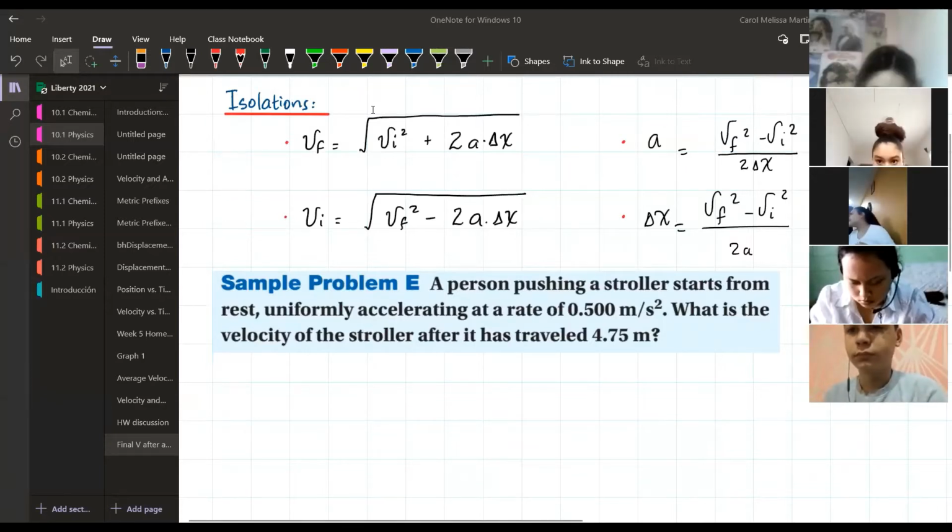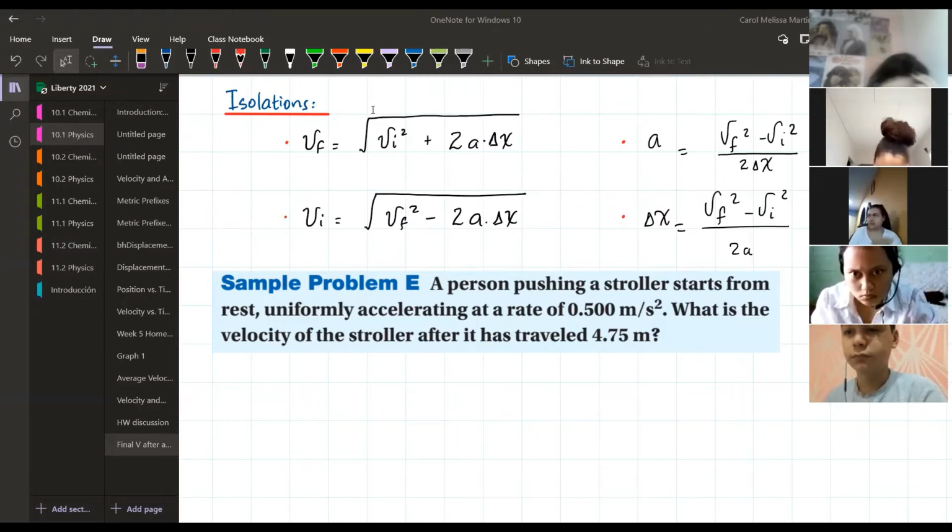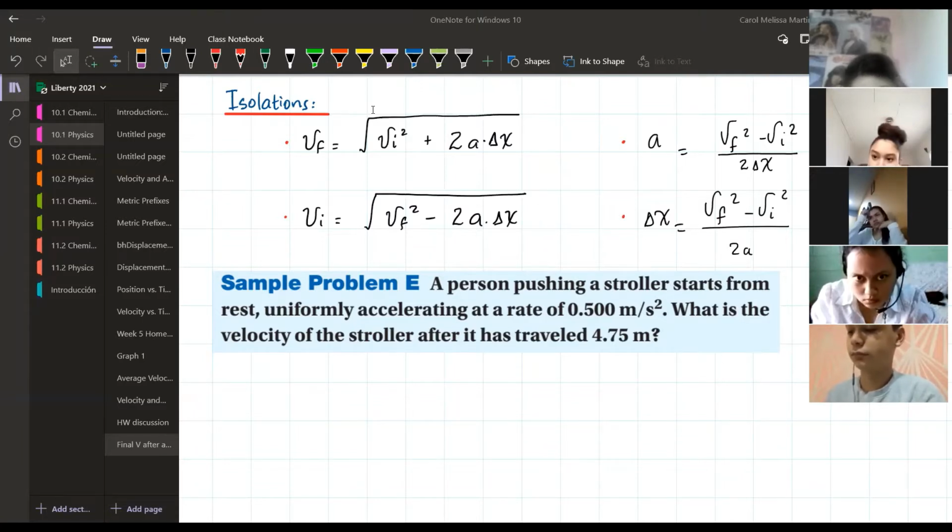Okay. So it says, a person pushing a stroller starts from rest, uniformly accelerating at a rate of 0.500 meters over second squared. What is the velocity of the stroller after it has traveled 4.75 meters?